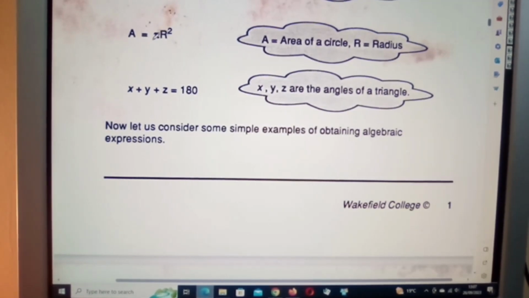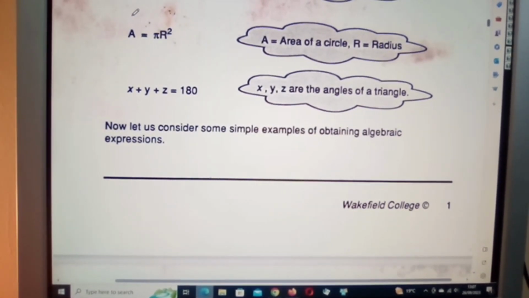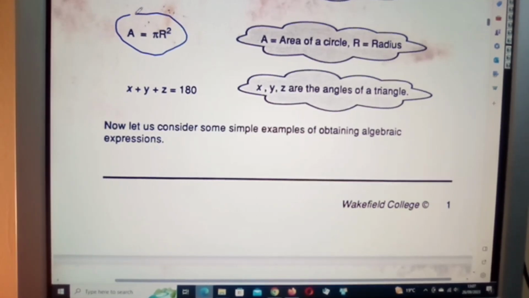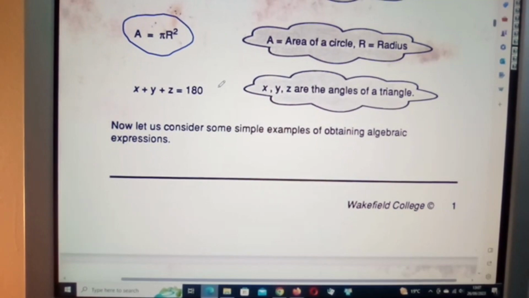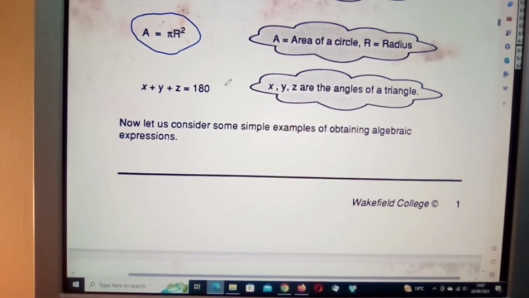And pi on your calculator is infinite, basically. But we take pi as normally meaning 3.142. Okay. But I know that there are some degrees where you will need a more accurate definition. Okay.